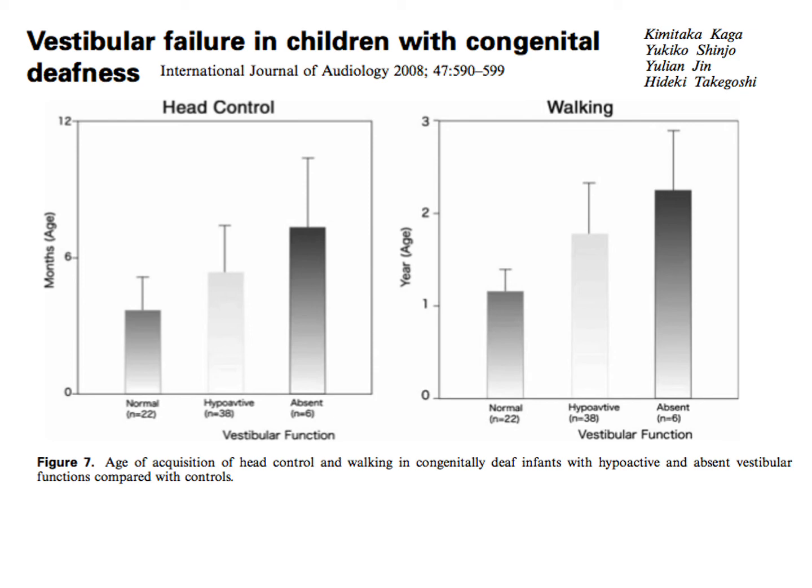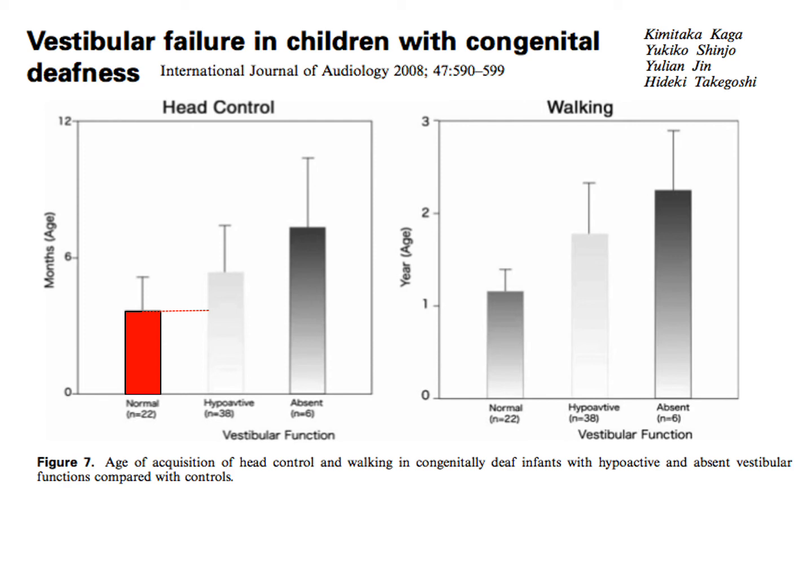So if you remember, for children that are typically developing, in this paper they termed it normal, they had a group of 22 individuals, and around this age, somewhere before their 6th month, they will have acquired head control, so that's independent head control sitting down.